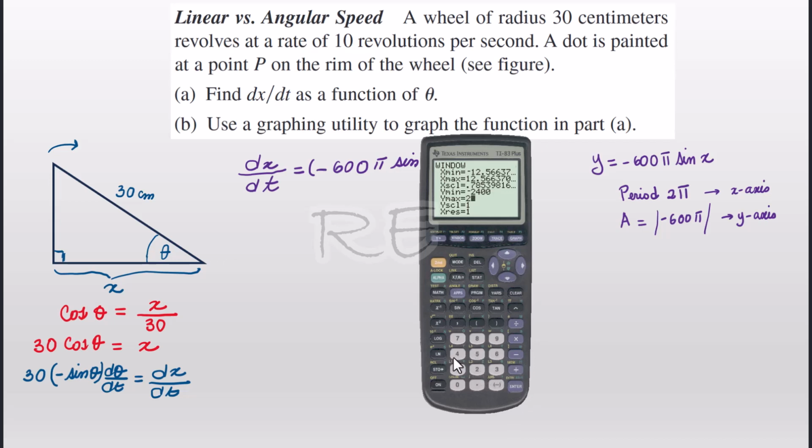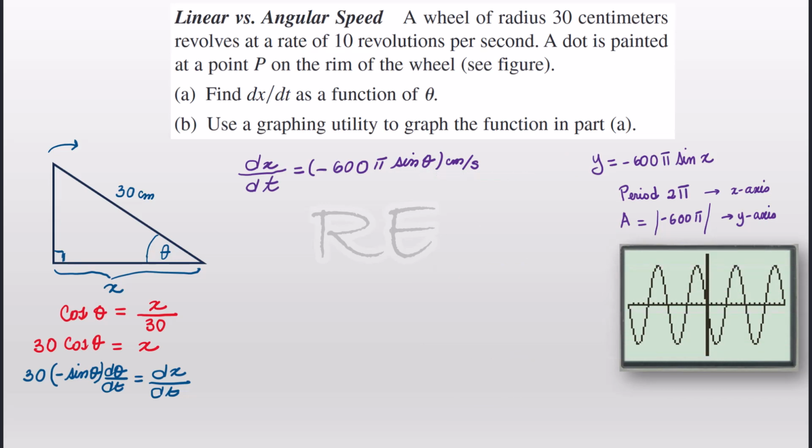We will keep the y scale at 1. 2,400 will cover the top of the amplitude, and negative 2,400 the bottom of the amplitude. Here we go. This is our curve. Now we can see it in our calculator.